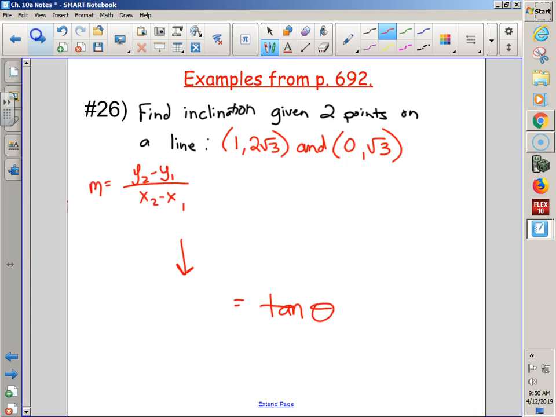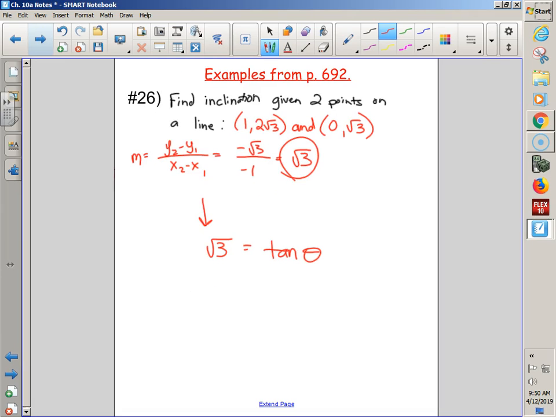They didn't give me the M outright, but I can go ahead and do y2 minus y1 over x2 minus x1. I can find my M to then plug in, square root of 3 over 3, 1, square root of 3, which is at a 60-degree angle. I found my M to plug into my M spot of my formula. And it was a nice unit circle-y one.